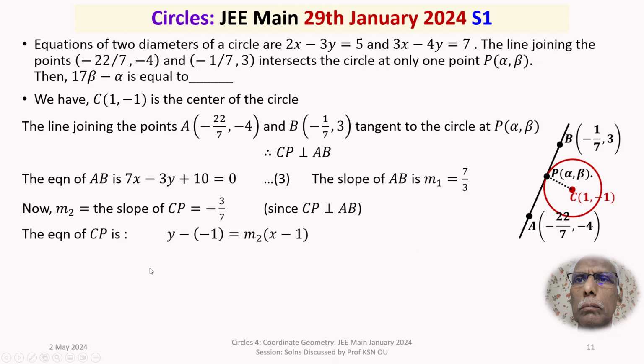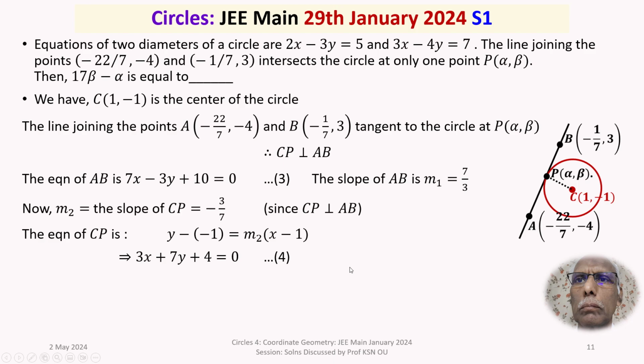So the equation of CP is y minus of minus 1 is equal to m2 into x minus 1. And for m2 you write minus 3 by 7 and simplify. You will get the equation 3x plus 7y plus 4 is equal to 0. Let's call this the equation 4. So the equation of CP is known, the equation of AB is known, equations 3 and 4.